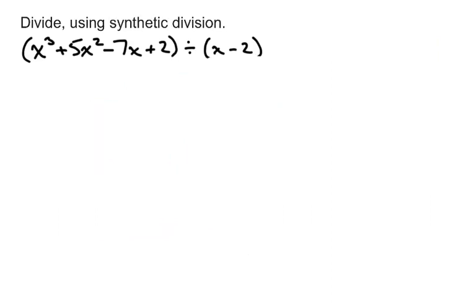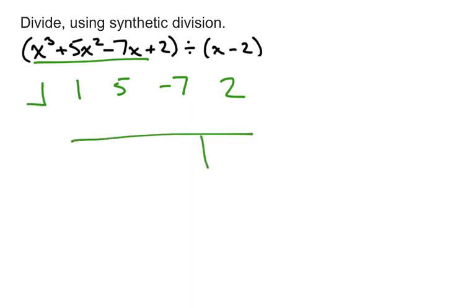Let's do the same problem, this time using synthetic division. Synthetic division is exactly like that synthetic substitution that we just learned, but we take all of the coefficients of this polynomial, 1, 5, negative 7, and 2. And we just set it up, our horizontal lines and our backwards L, and what we're going to divide by is not x minus 2.